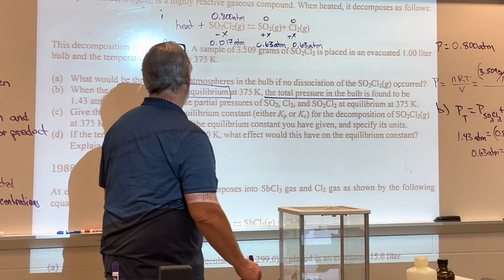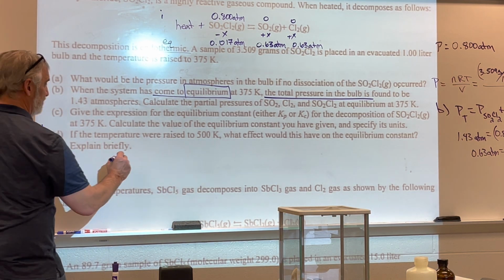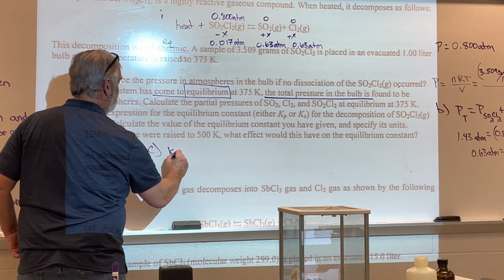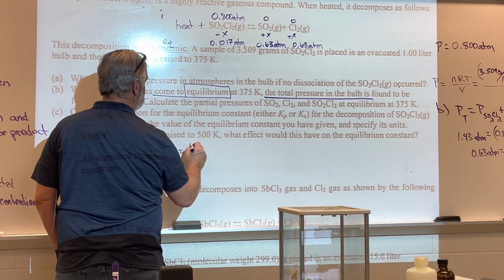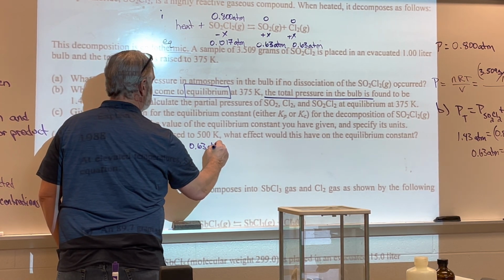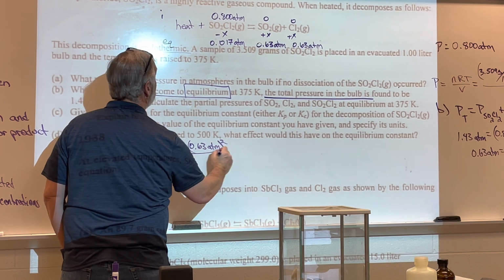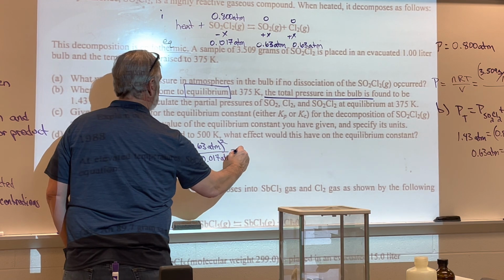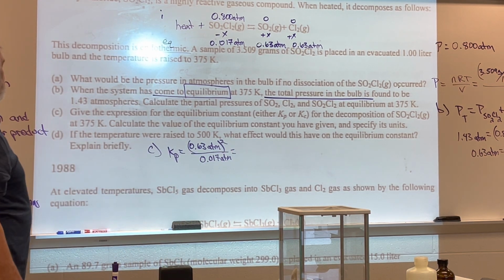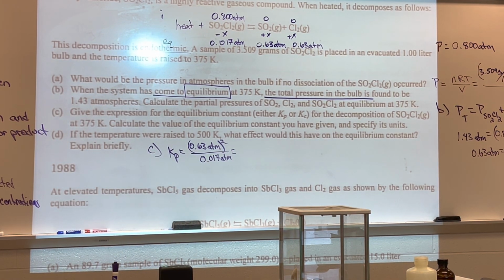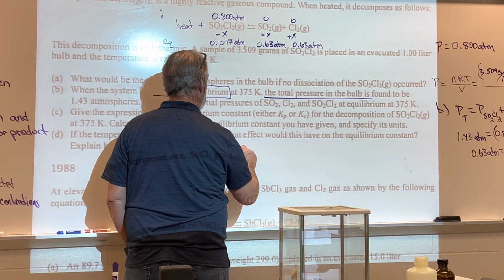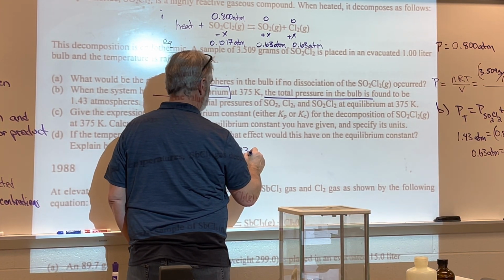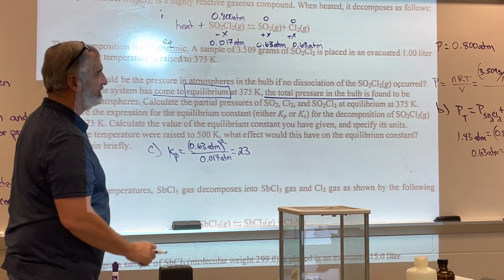So, this is for part C. KP is just gonna be the pressure, 0.63 atmospheres squared divided by 0.017. 23.347. Well, we'll just say 23 because of two sig figs.